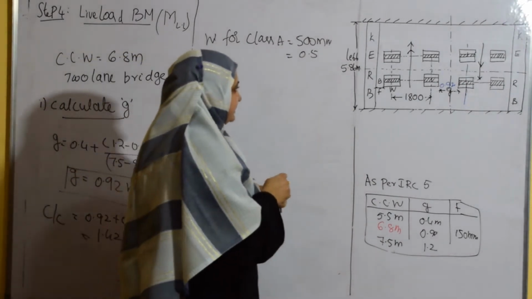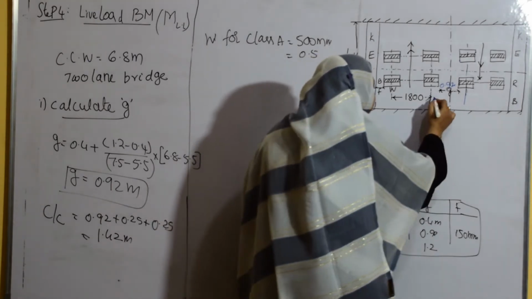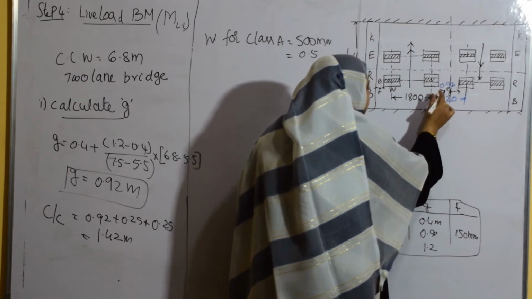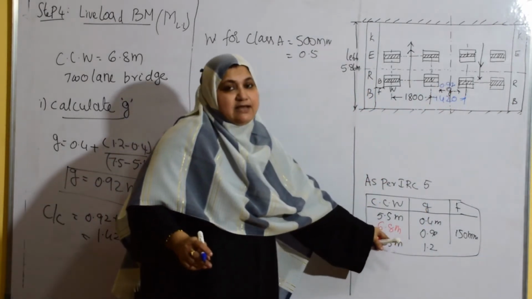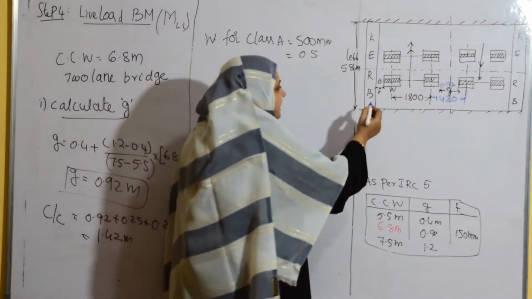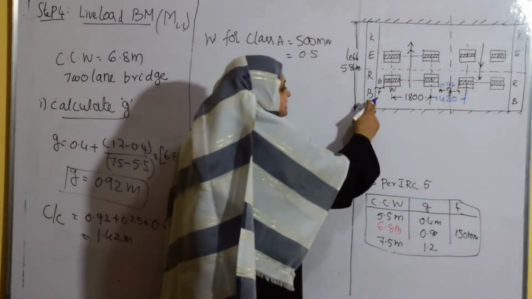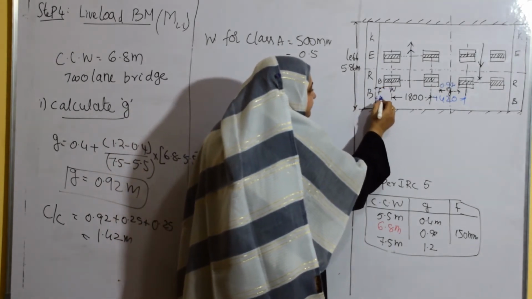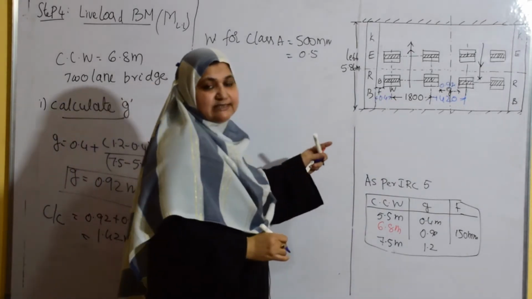That detail you can see here. This is 1420, center to center. Edge to edge it is 0.92 meter, which we calculated from this IRC provision. And F is 0.15, so 0.15 plus 0.25 becomes 0.4. I need all these values when I design, that is why I am doing it.